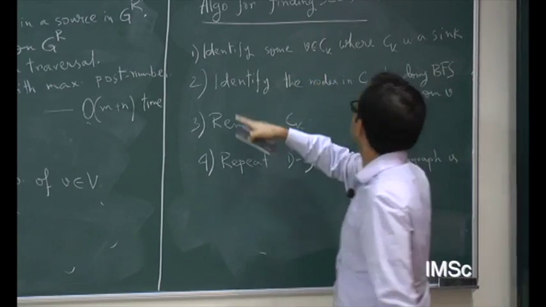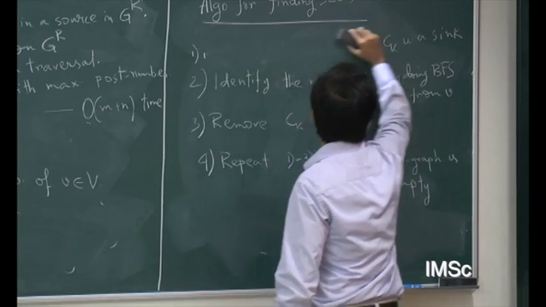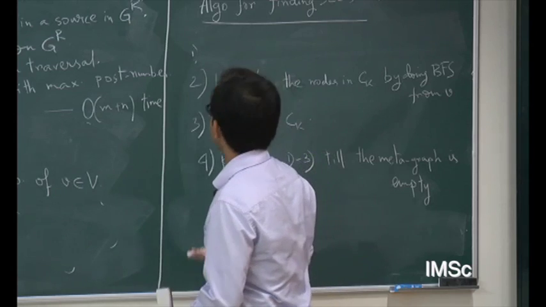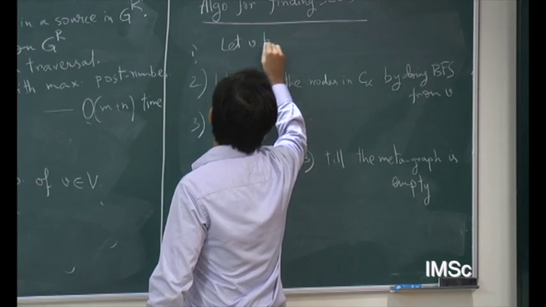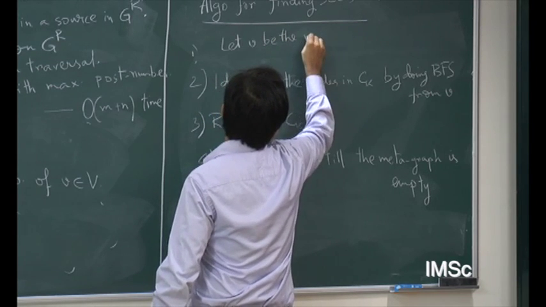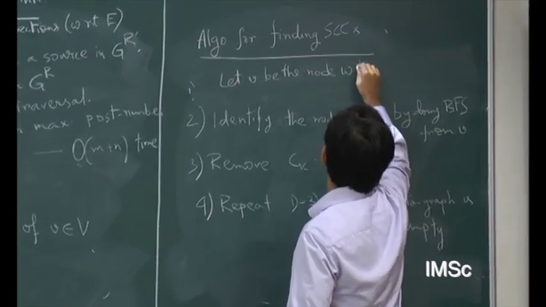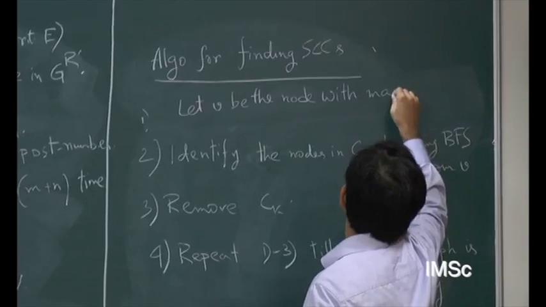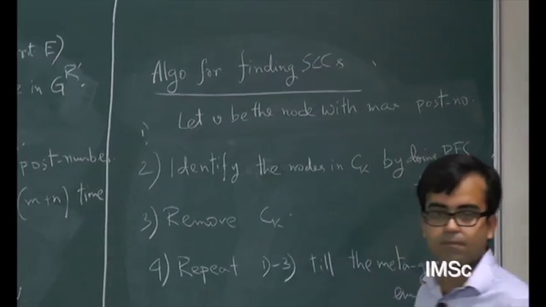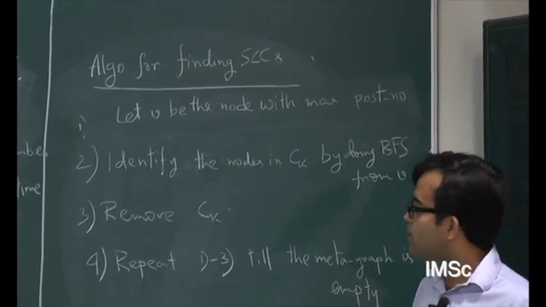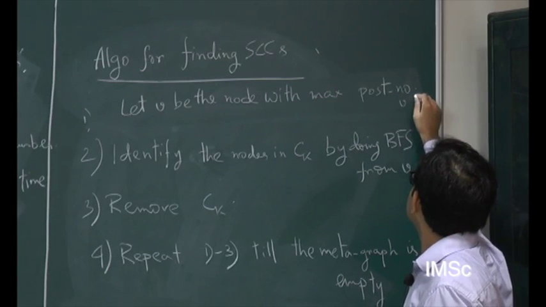How will you implement step 1? Identify some node that belongs to the sink. You just say, let V be the node with maximum post number. That will give you this CK, and let V belong to CK.